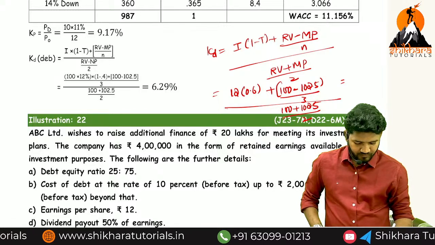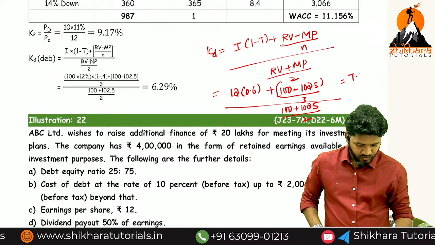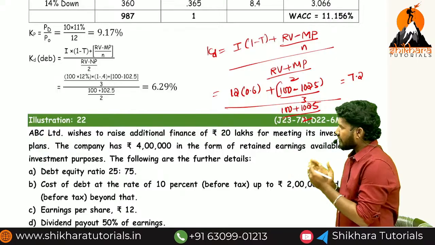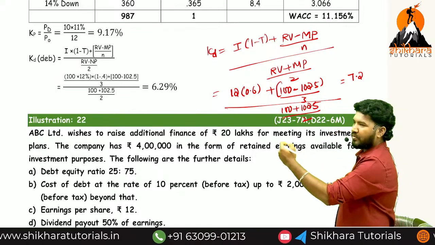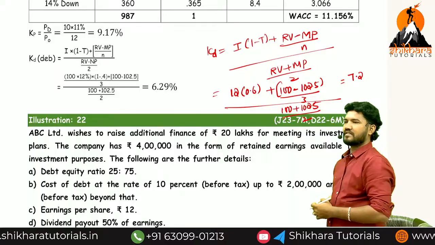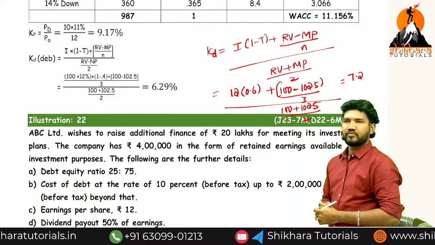What? 7.2. Here some students will make a mistake. 100 minus 102.5, you will get a negative answer. Don't add. You have to reduce.